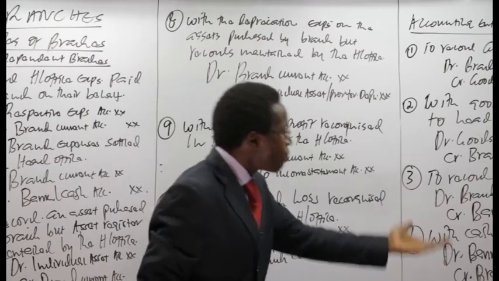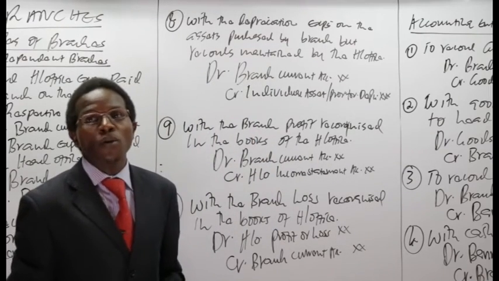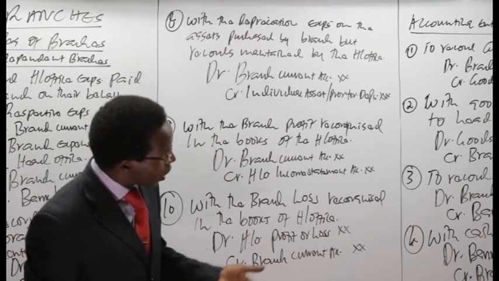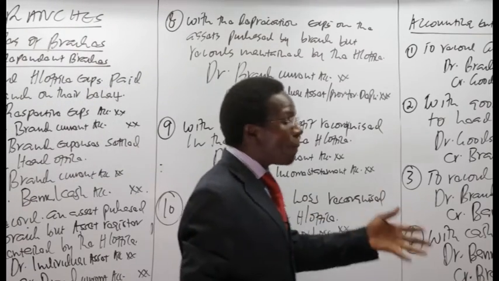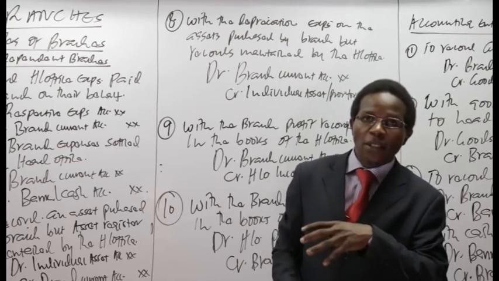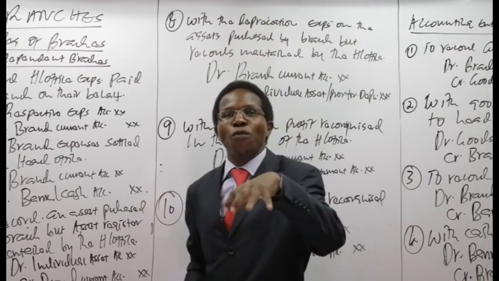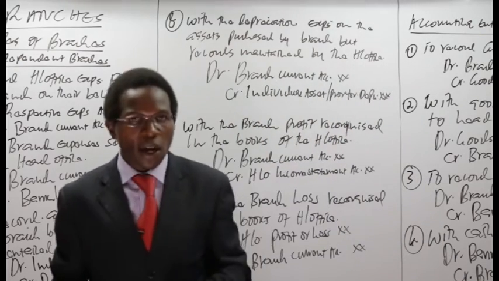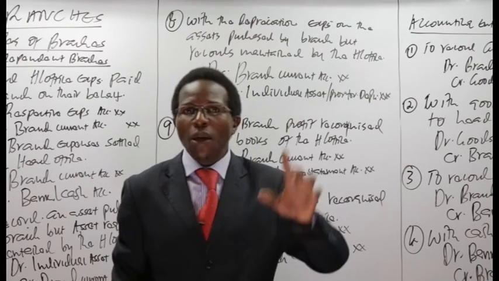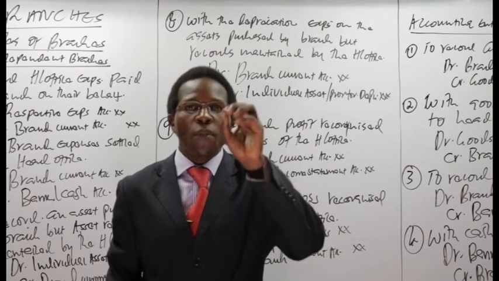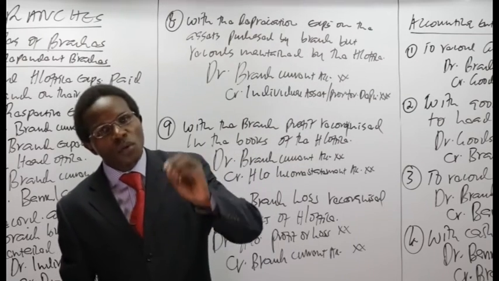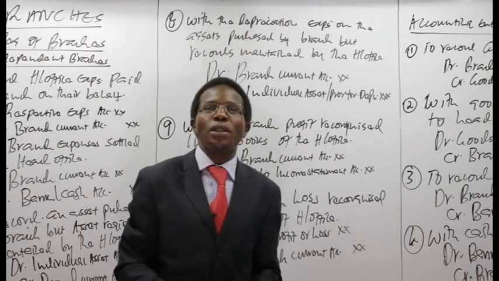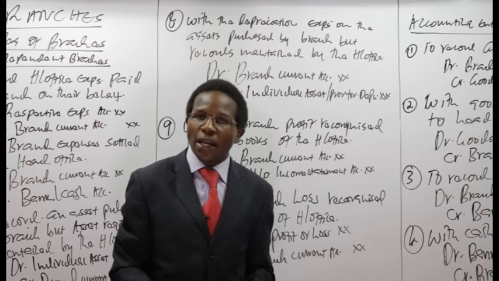Instead of saying just bank or cash, we are going to talk about branch bank and cash. Instead of the branch current account, we are going to talk about the head office current account. Now, don't forget that point. In the books of the head office, we maintain a branch current account, while in the books of the branch, we maintain a head office current account.